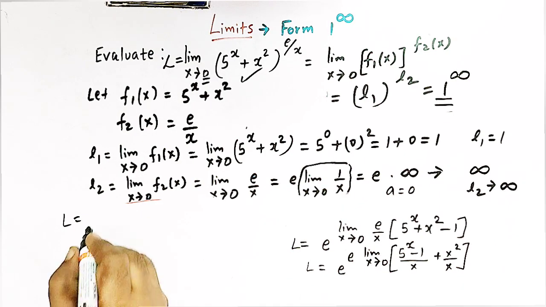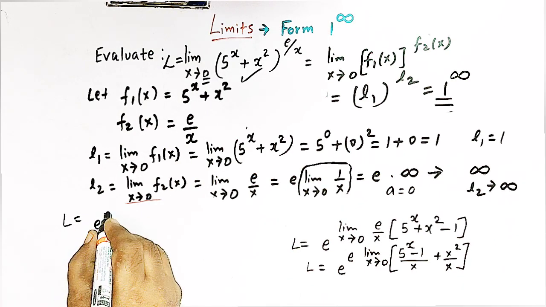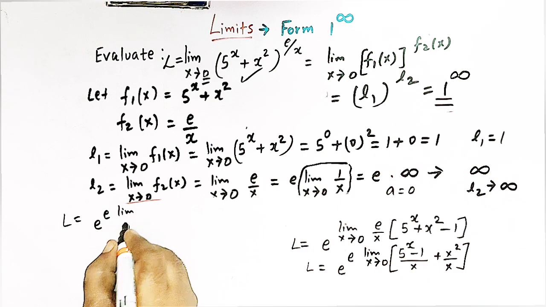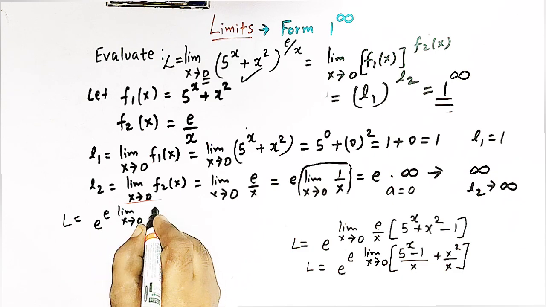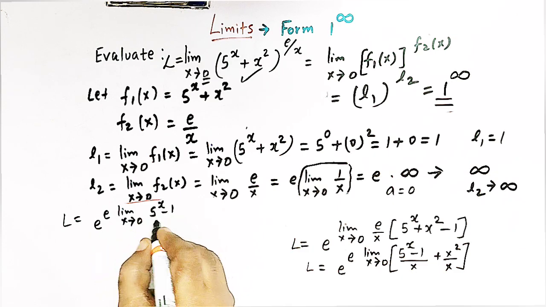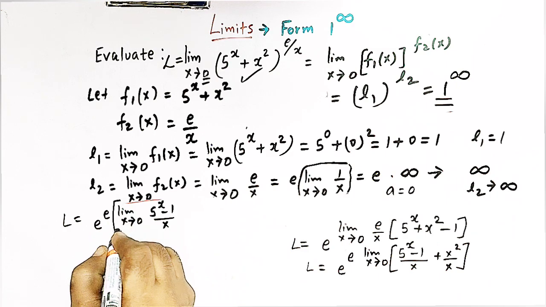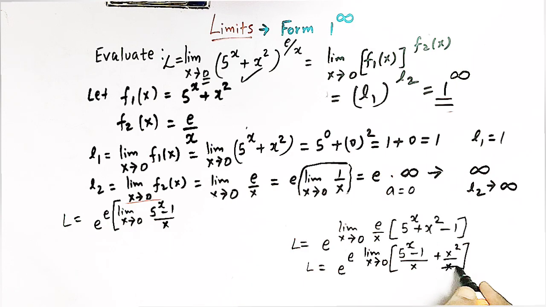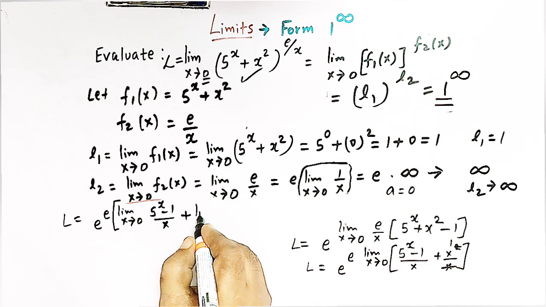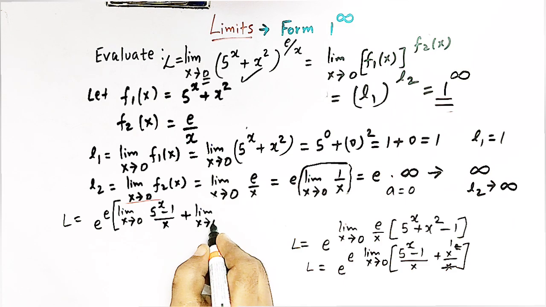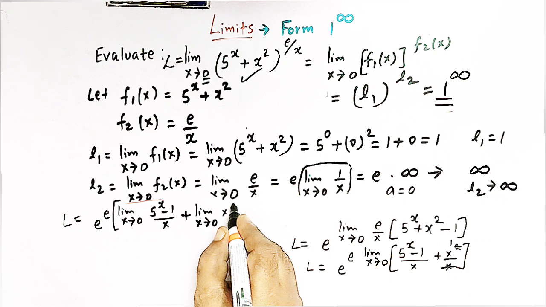So now we can write e raised to e, and here we have limit x tends to 0 of (5 raised to x minus 1) over x, and here x and x get cancelled. So here we have plus limit x tends to 0, and here we have simply x.